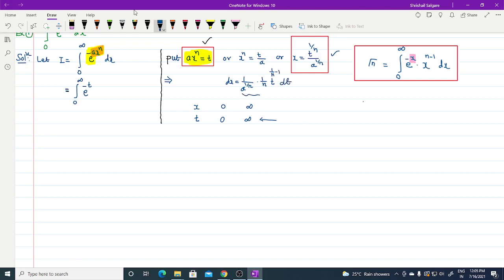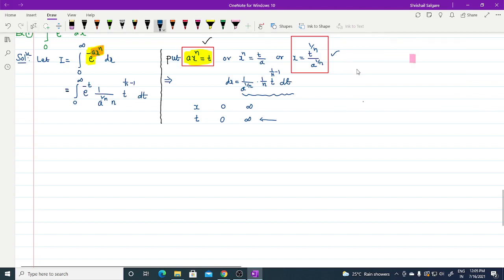Now the right side term you are getting in terms of t only, so that's why that dx I will replace as 1 upon a raised to 1 upon n into n t raised to 1 upon n minus 1 dt.